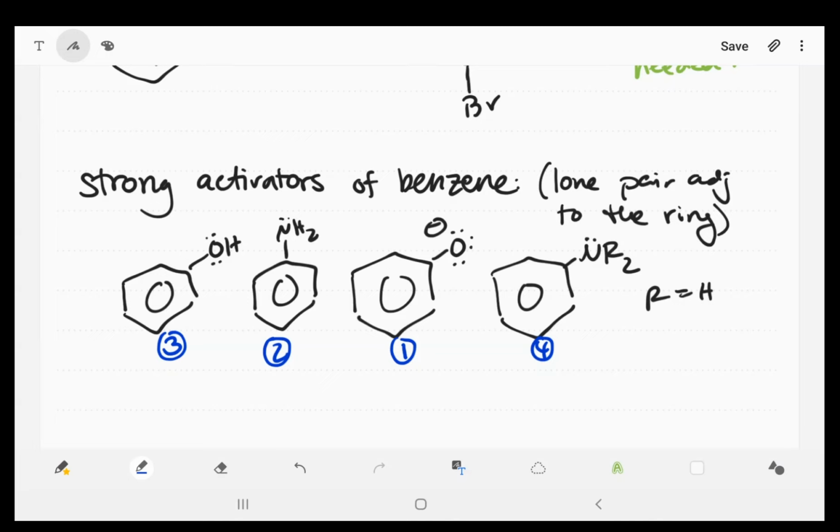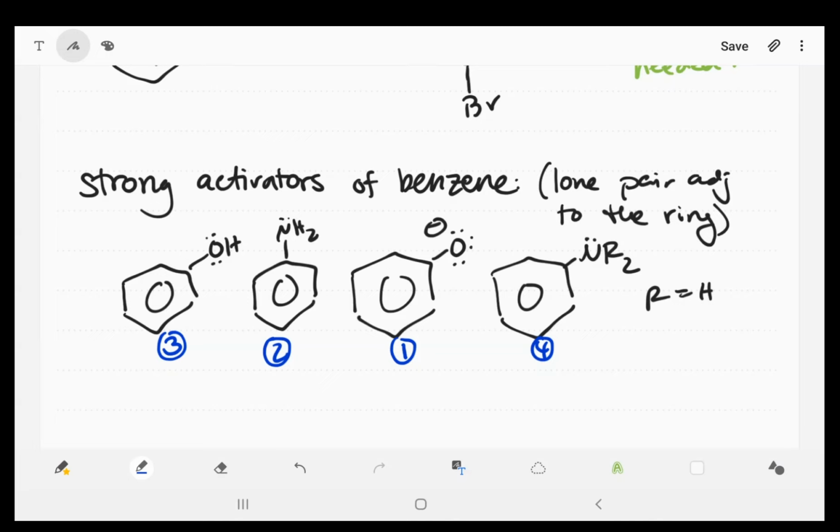But in some scenario where you run into something like this, generally you're looking at things that can accommodate that positive charge better. So obviously number one there, the phenoxide, when it resonates in, the oxygen is neutral. You just put a carbon ion somewhere, which is going to go ahead and react. With the amine, nitrogen is better at holding a positive charge than oxygen is, right?